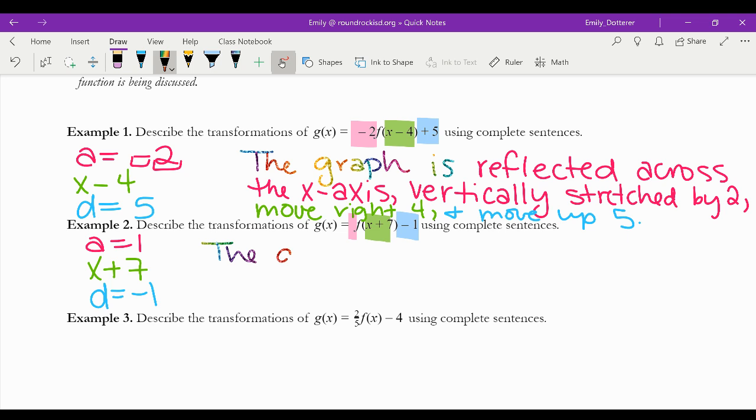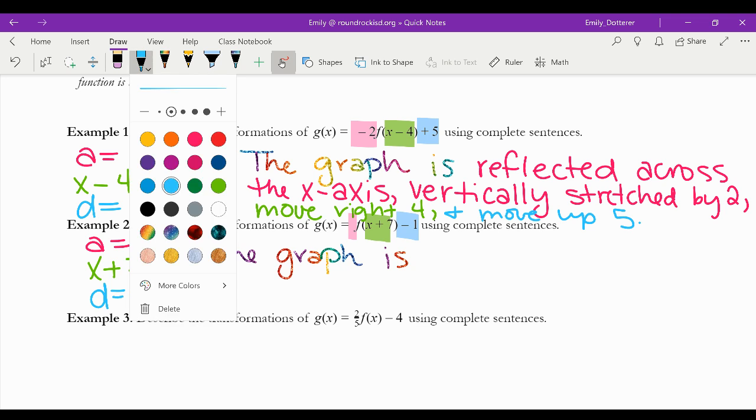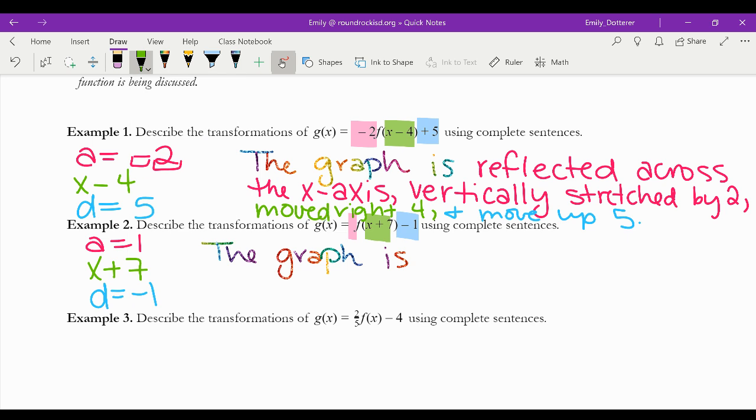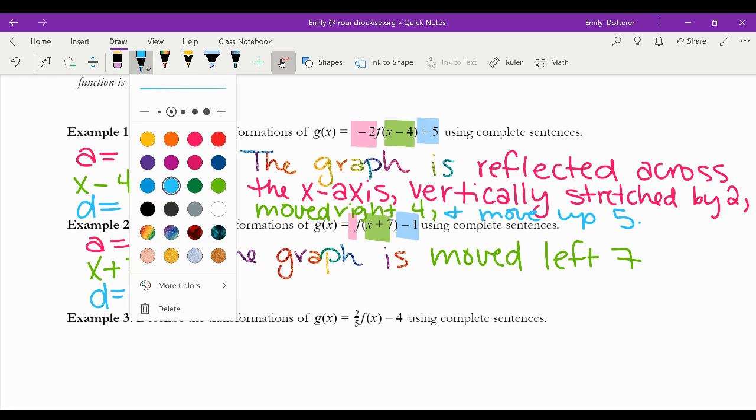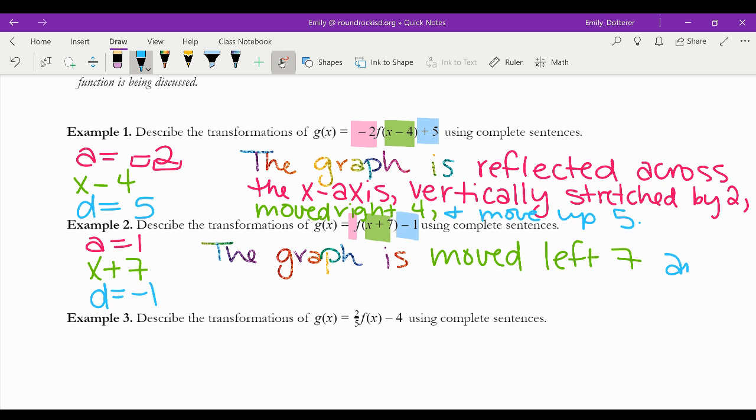So this time the graph is moved left 7 and moved down, because it's negative 1.